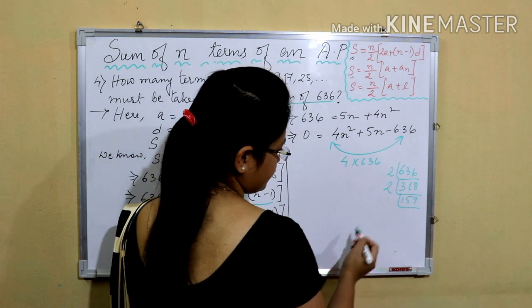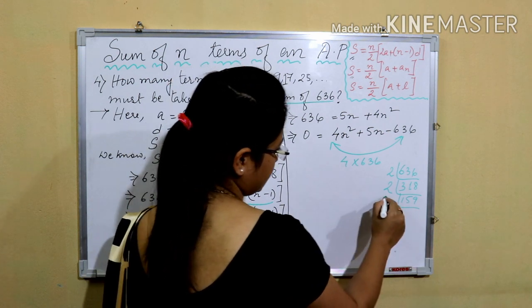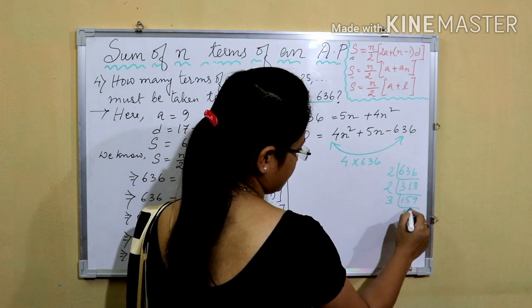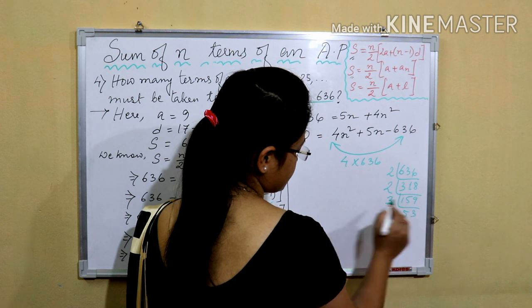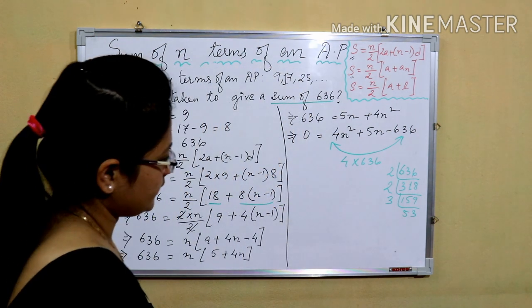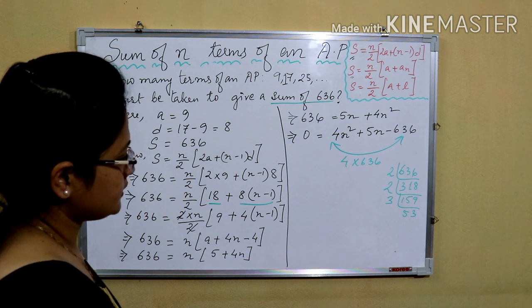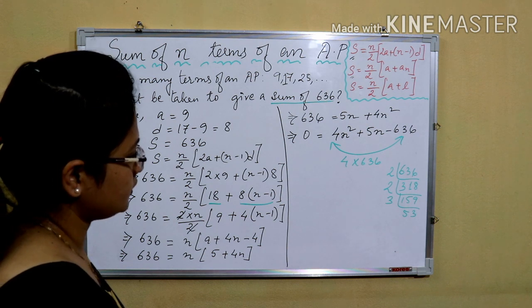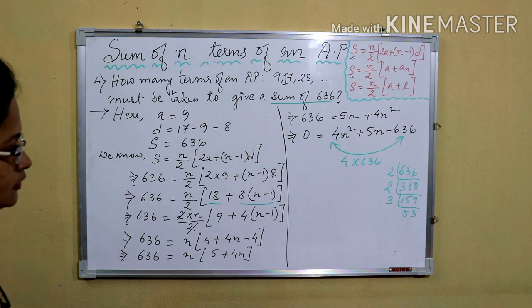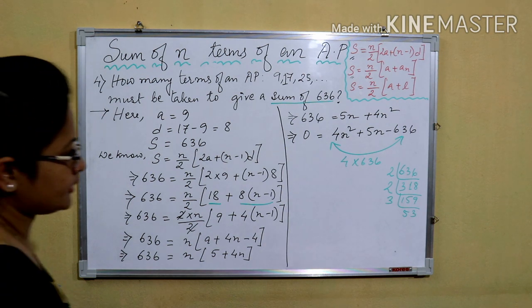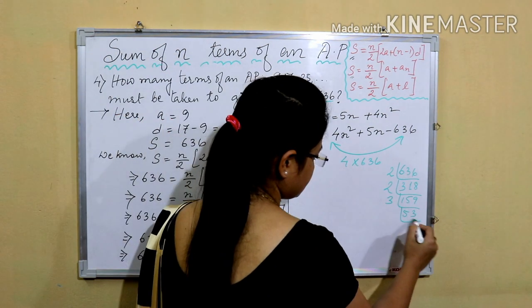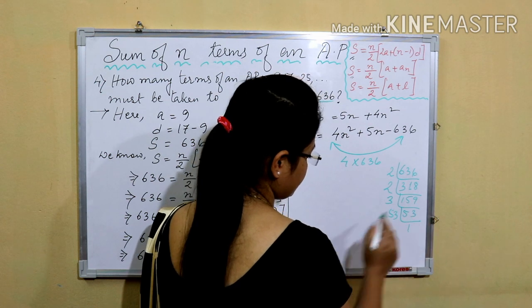As we got the last term is 9, it will be divisible by 3. So 3 5s are 15, 3 3s are 9. And 53, it is a composite number. Sorry, it is a prime number. So more it will not be factorized. That means we will be getting 1 as a factor. So 53 into 1 will give you 53.